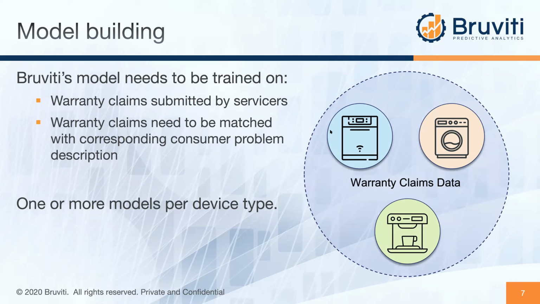We have built these base models based on the information we have seen in the public domain about those products. That could be customer reviews, servicers' blogs, or forums that we collect this information from, and all of that is fed into building this base model. And this base model gets applied to your claim data, your warranty information. So now this base model gets enhanced with the model that gets built specific to you with your data.